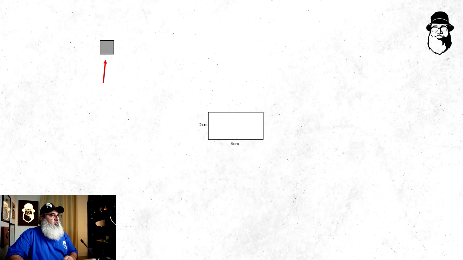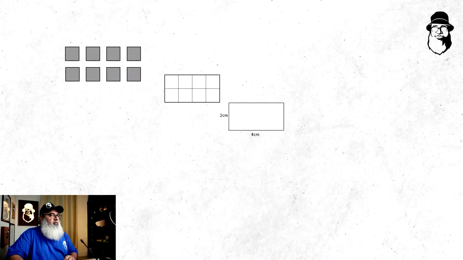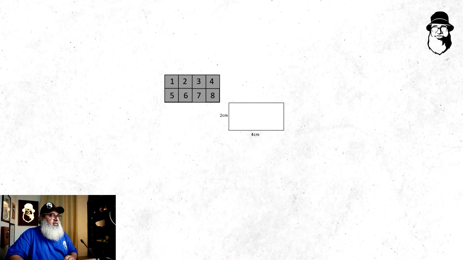Now to see how much space there is inside this rectangle, we find out how many square centimeters we can fit inside it. So now we can see this diagram shows that there are a total of 8 square centimeters inside. So we can say the area is 8 square centimeters.